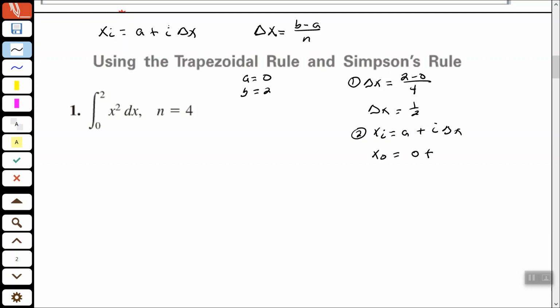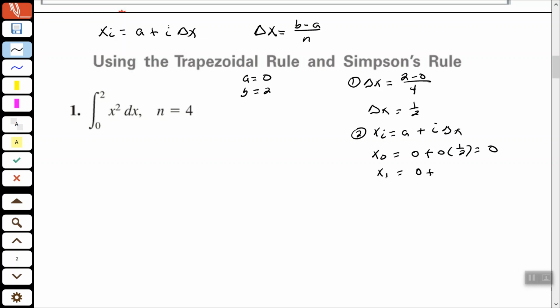I in this case is whatever interval we're on. We're on interval 0, so 0 times delta x. Delta x is 1/2, so x sub 0 is 0. And we need to go all the way to x sub 4 because we had said that n equals 4. a is always 0.